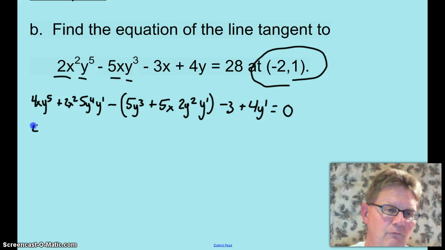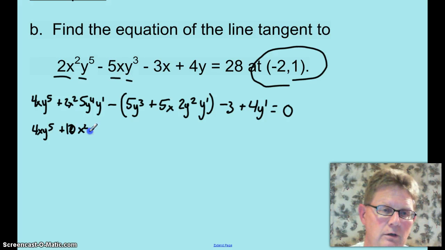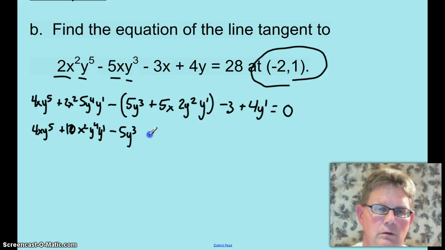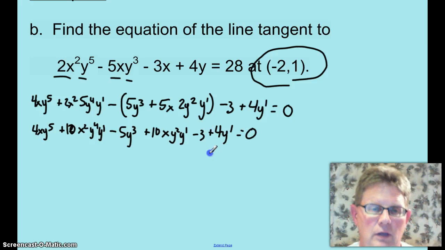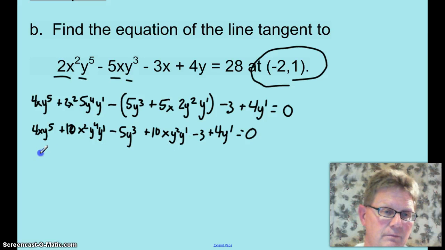Oh boy. 4x squared y to the 5th plus 10x squared y to the 4th y prime minus 5y cubed plus 10x y squared y prime minus 3 plus 4y prime equals 0. Okay, get all the terms with y prime on one side, everything else on the other.